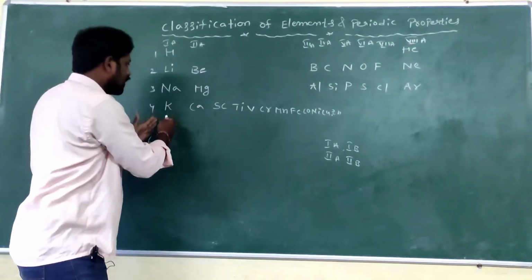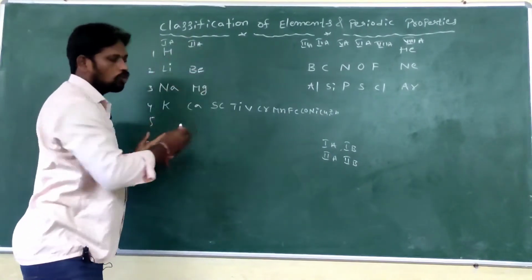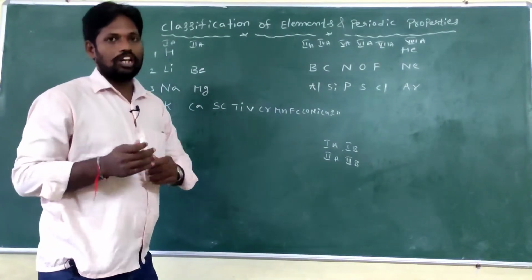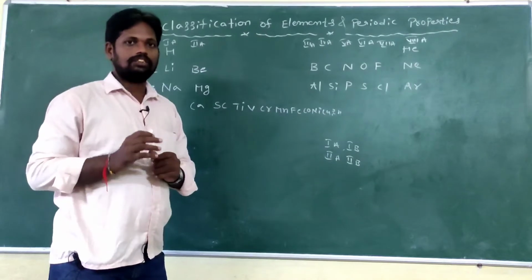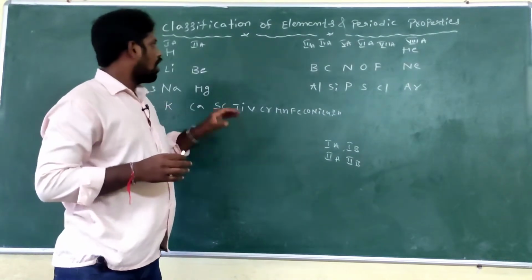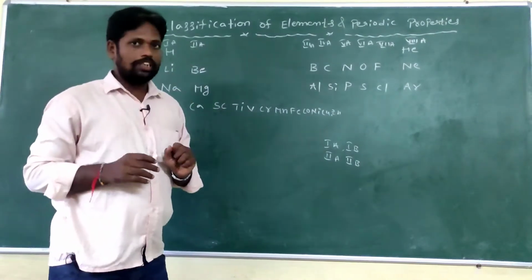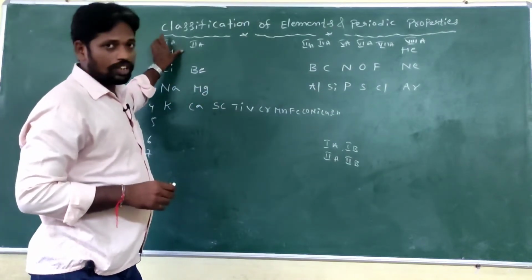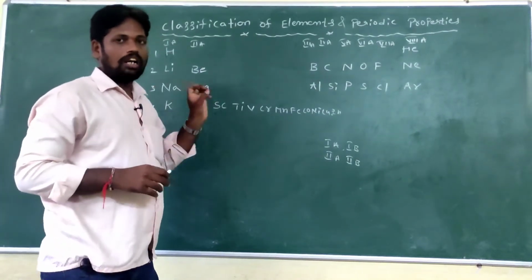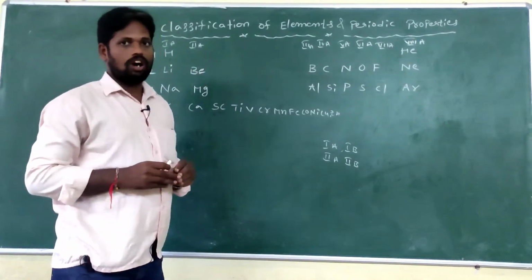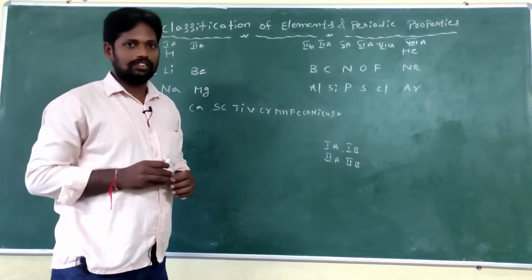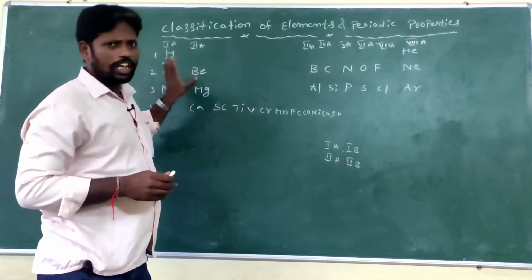Consider the 1A and 2A groups: they are called S block elements. In the S block, the 1A group is called alkali metals and the 2A group is called alkaline earth metals.